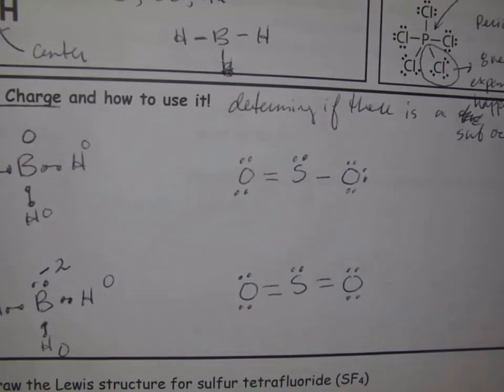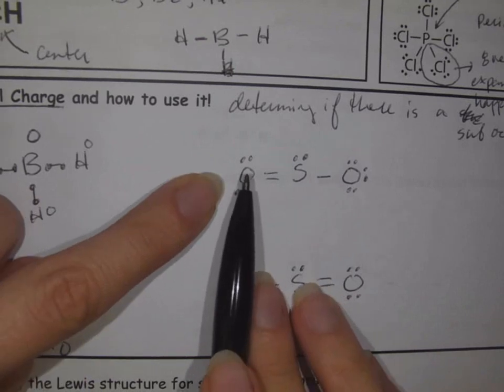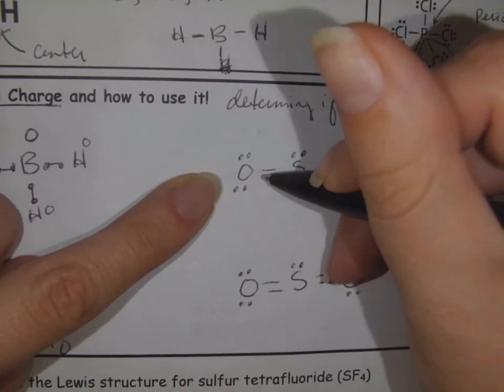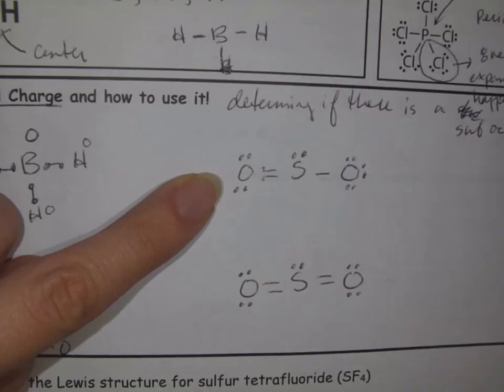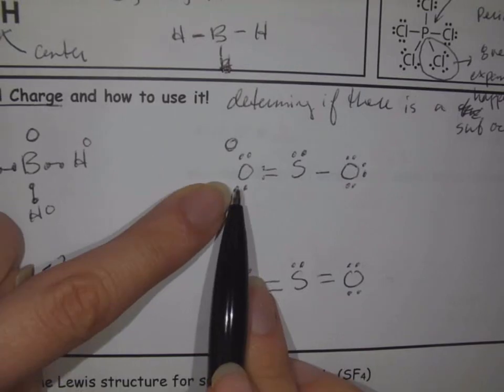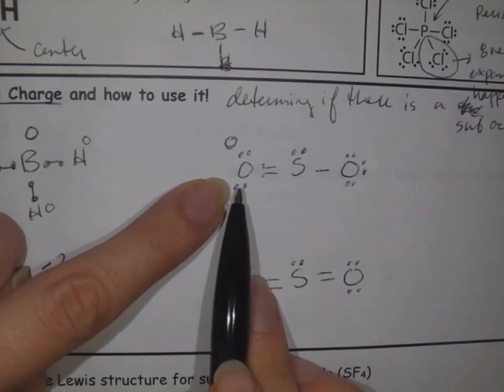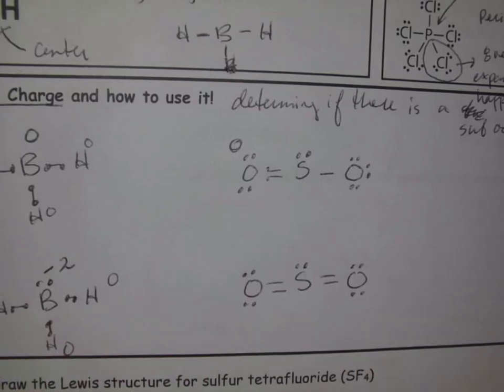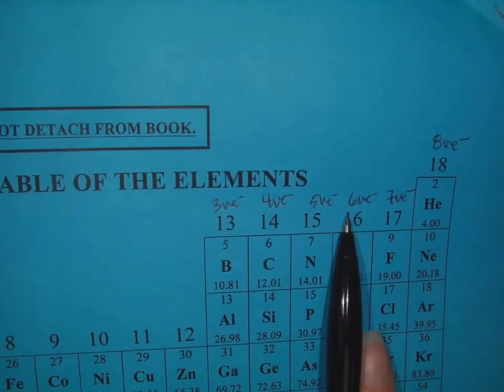Let's see how many valence electrons are assigned to it in this one. 1, 2, 3, 4, 5, 6. So that means it has a formal charge of 0. It's assigned the same amount of electrons as when it's neutral. Sulfur is in the same group, so it also has 6 valence electrons when it's neutral.